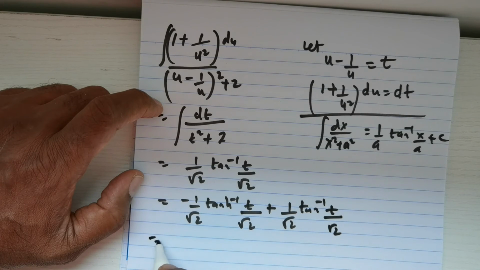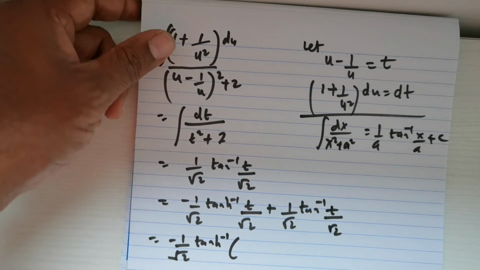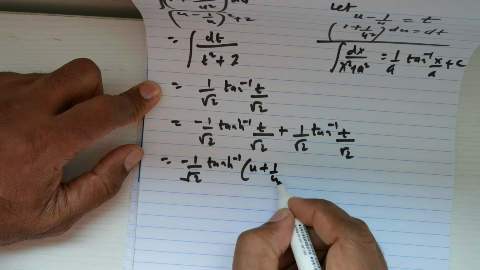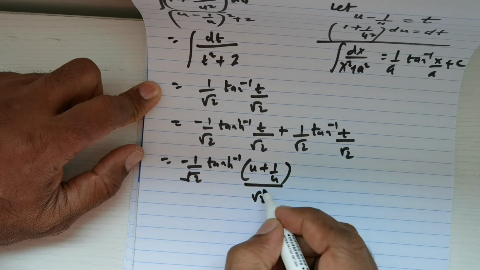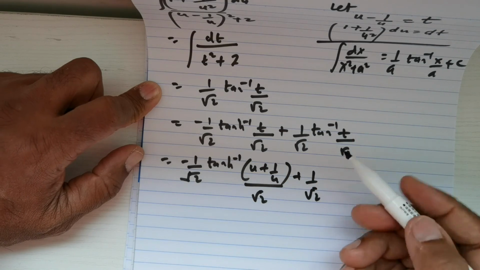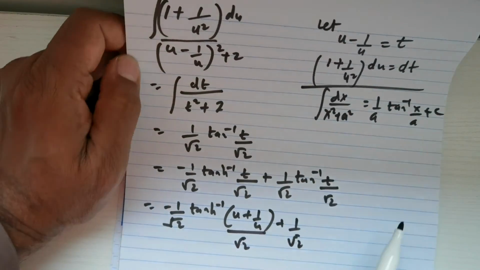For the first quantity, my t value has to be replaced, so −1/√2 hyperbolic tan inverse of my t, which is u + 1/u, divided by √2. For the second quantity, my t is taken to be u − 1/u.